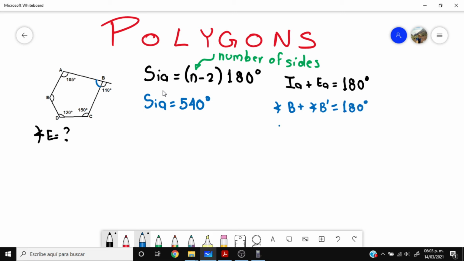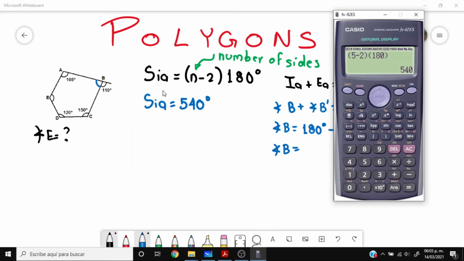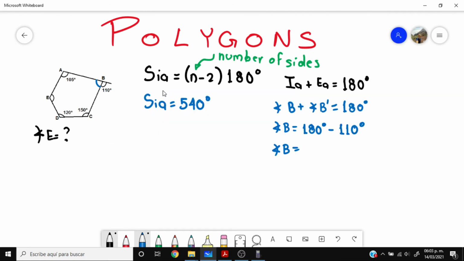So the angle B equals 180 degrees minus the exterior angle, and the exterior angle is 110. So the angle B equals, let's get the calculator, 180 minus 110 equals 70 degrees. So this little angle B equals 70 degrees.